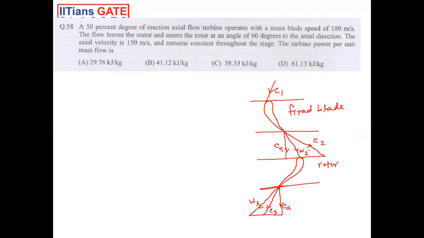C is the absolute velocity, W is the relative velocity, and U is the blade velocity.